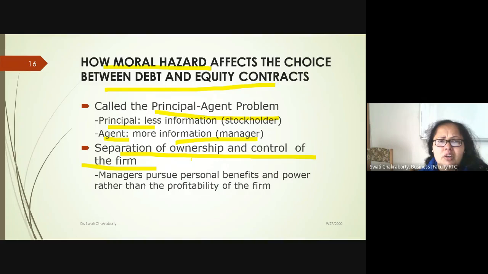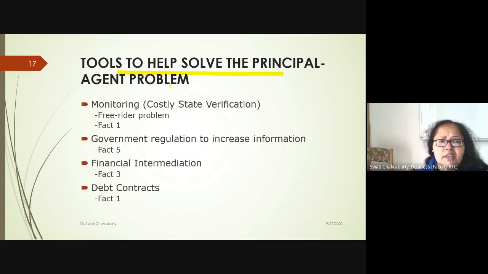So what are the methods to solve the principal-agent problem? First is monitoring, a costly state verification, which is very costly, and which would help in avoiding the free rider problem. This talks of fact 1, that stocks are not the most important sources of external financing for businesses.